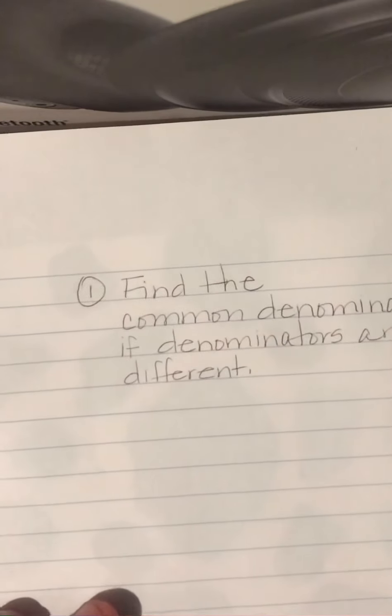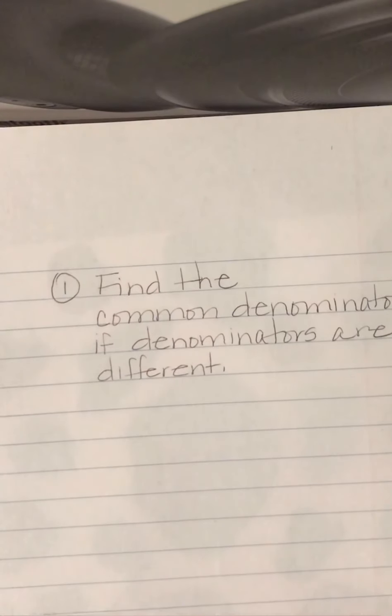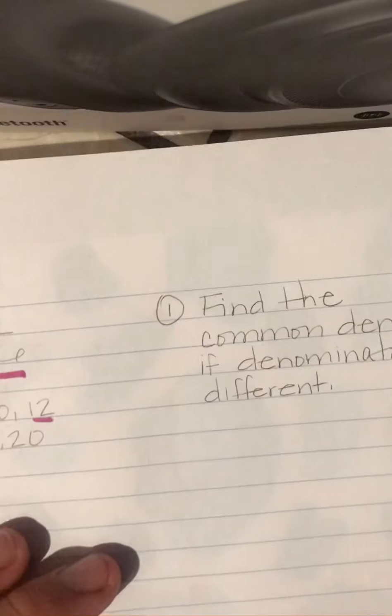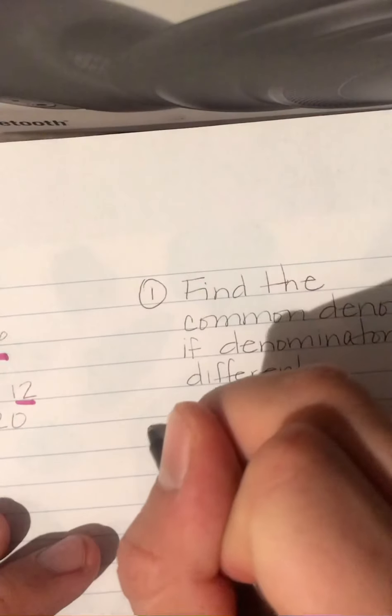Now, if they are not different, and if they're all the same, then you're able to order them from least to greatest without having to do all these extra steps.